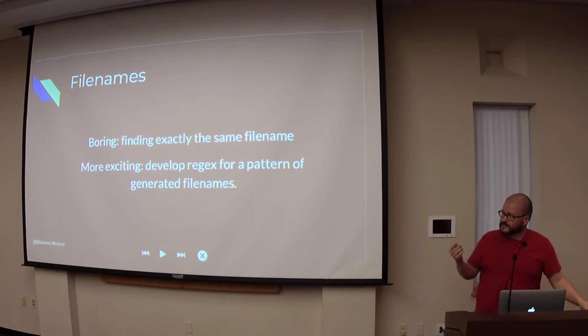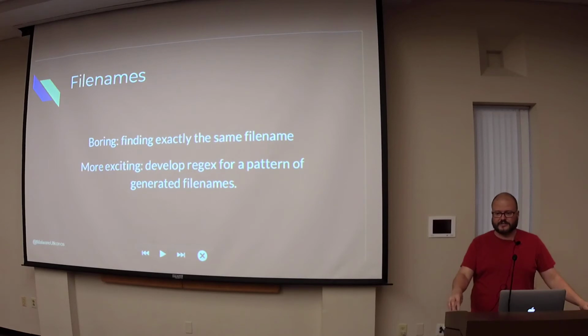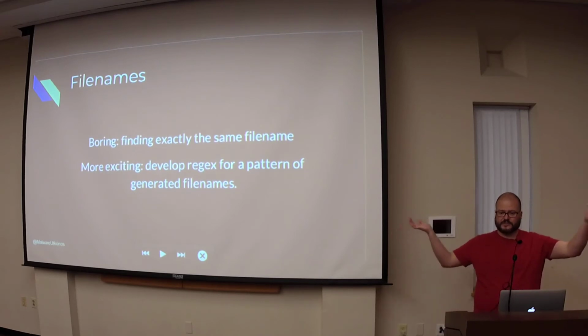But basically, if you can develop a regex based on the algorithm or the possibilities of the file names, then the file name does begin to be a powerful way, or at least one additional method, of relating two samples together. So if you've got two samples that use the same algorithm to generate file names, that's one indicator that these two things might be related.